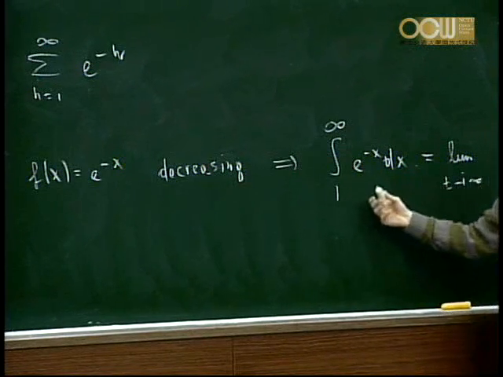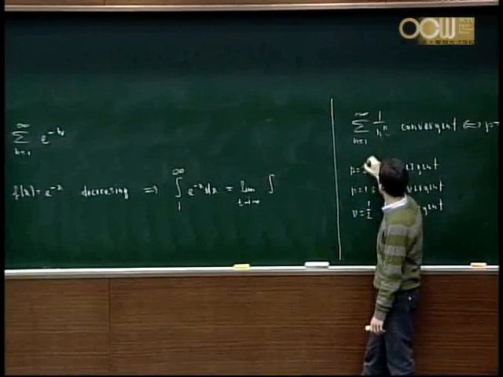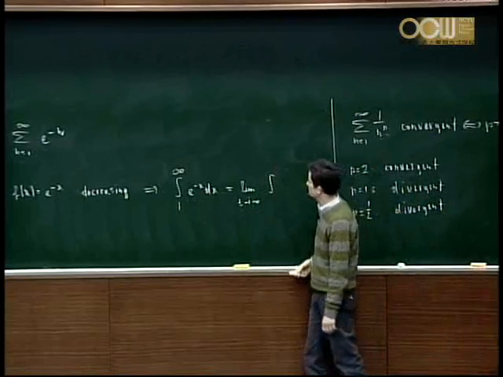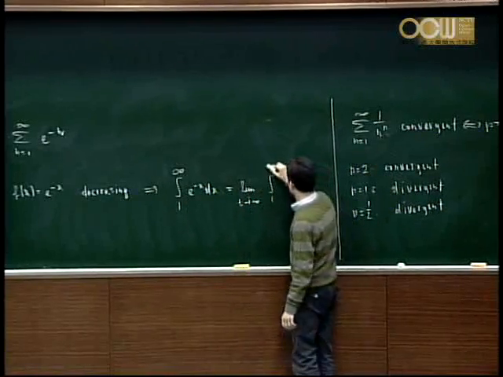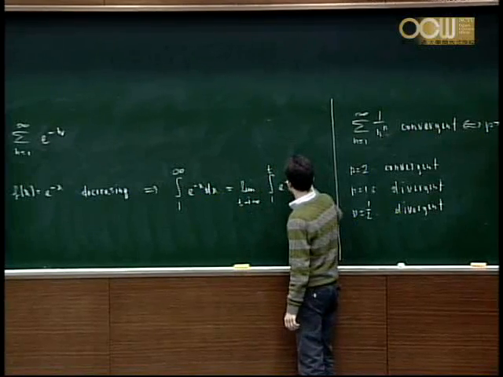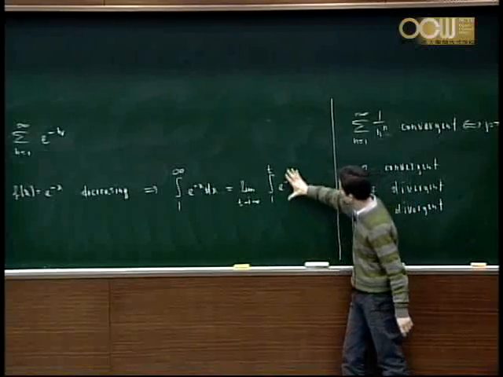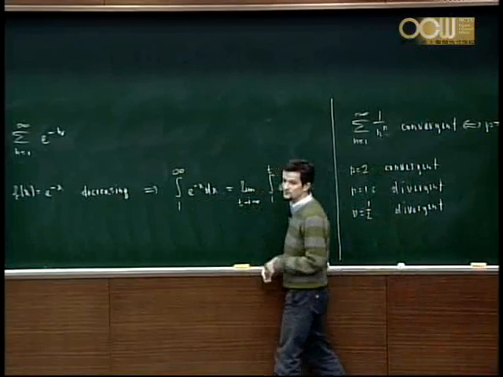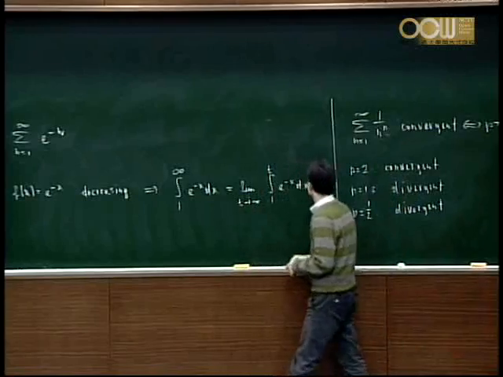This symbol is a little bit similar to a series: for a series we define convergence as the limit of the partial sums, and for this improper integral we define convergence as a limit of the integral from 1 to t of e to the minus x dx. Here you also add up over this range, then you look at the limit, and if this limit exists, then we call it convergence.